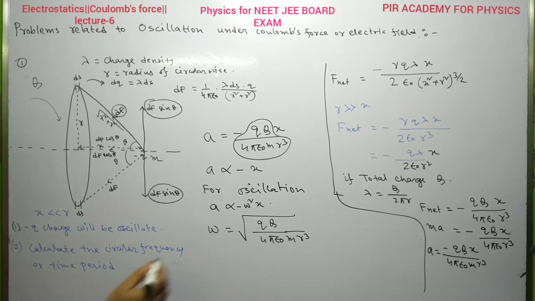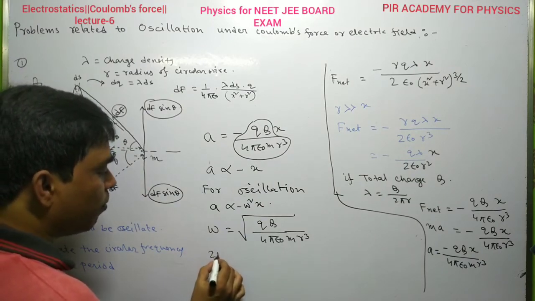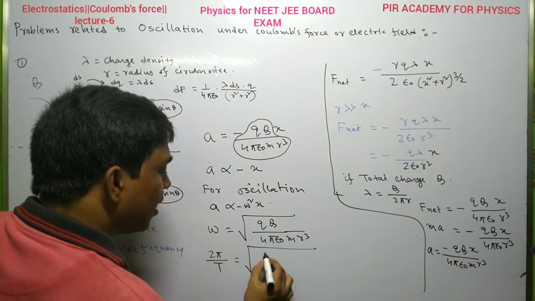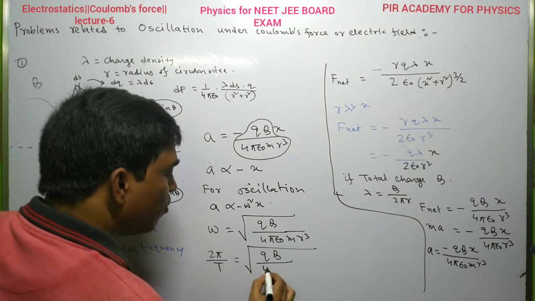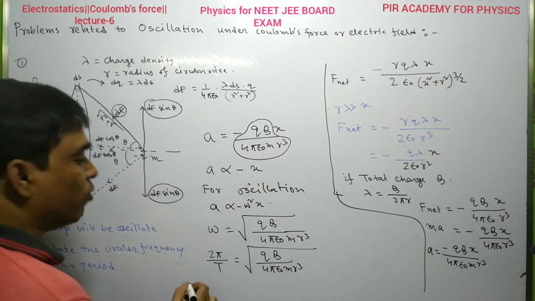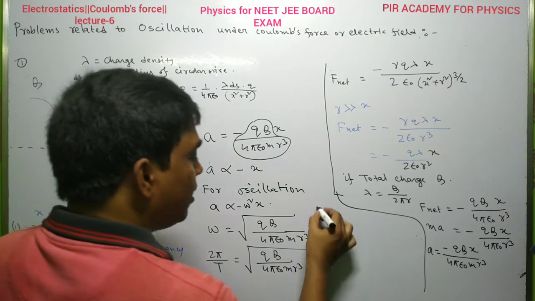So what is omega? Omega is 2 pi by T. So it will be root over q by 4 pi epsilon naught m into r cube. So what will be the T?